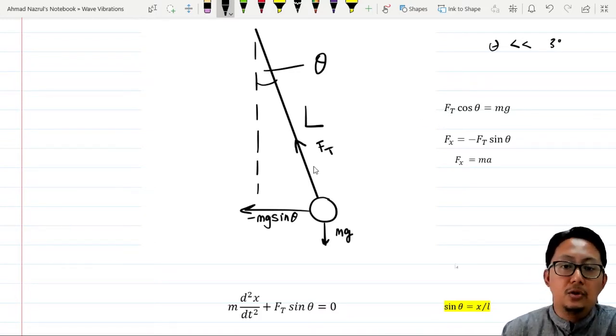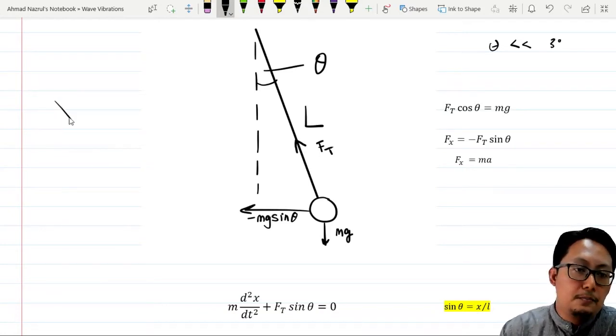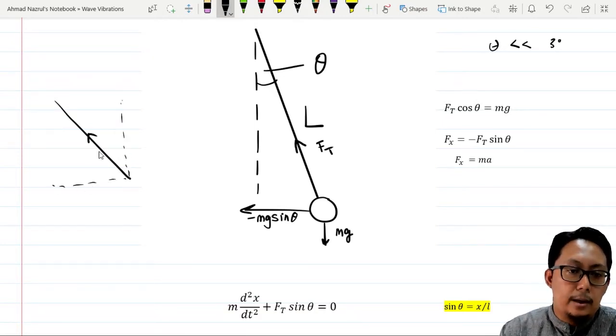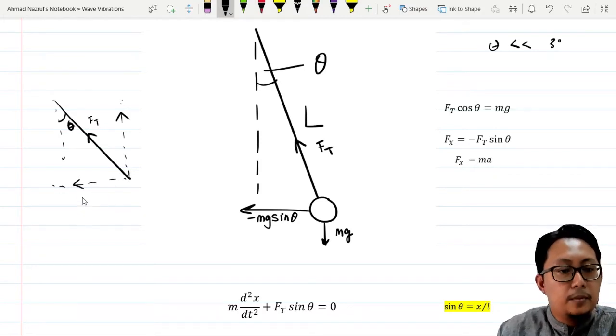So we have the tension Ft and mg. For this Ft, I put a bigger angle here so we can split it into x and y components. For the y axis, because of theta, this side is Ft sin theta, since sin theta is this value over Ft.